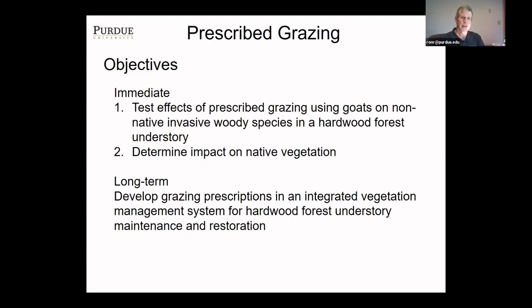And so our immediate objectives for this initial trial were to test the effects of prescribed grazing using goats on non-native woody species in hardwood forest understories, and then determine the impact on native vegetation. Long term, we hope to be able to develop prescriptions for integrating grazing into an integrated management program for hardwood forest understory maintenance and restoration.